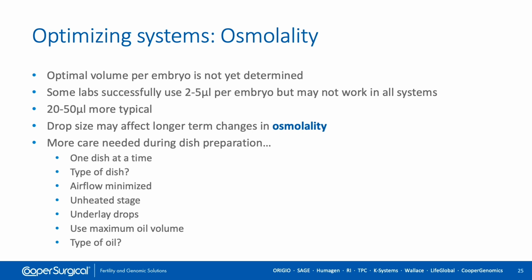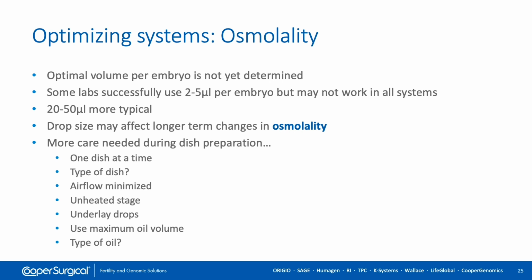So when we're making dishes, and this may seem very simple when we're discussing optimizing systems, dish preparation is critical when we're trying to culture our embryos for a significant number of days, 5, 6 or 7. So generally make one dish at a time. Use dishes that are specifically designed for IVF and embryo culture. Minimize the airflow. Try and work at room temperature with unheated stages and workstations.